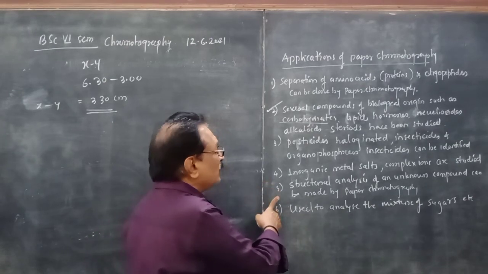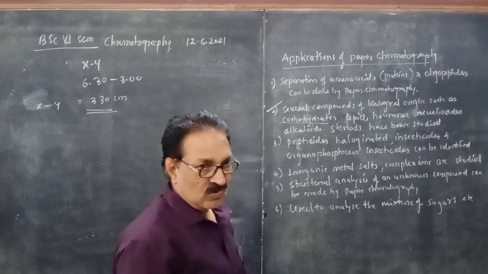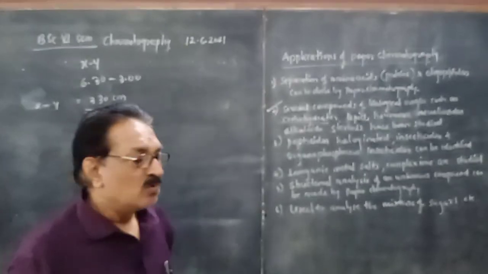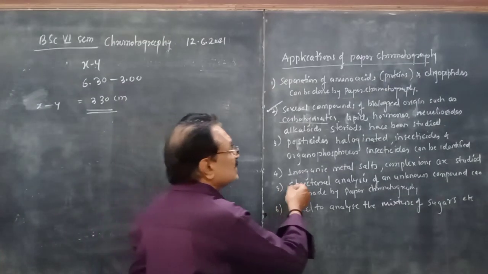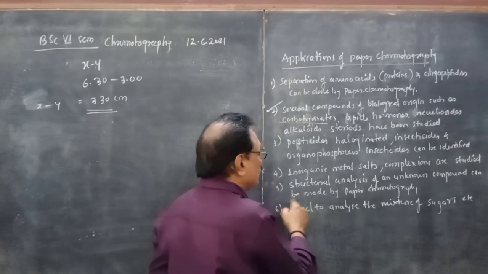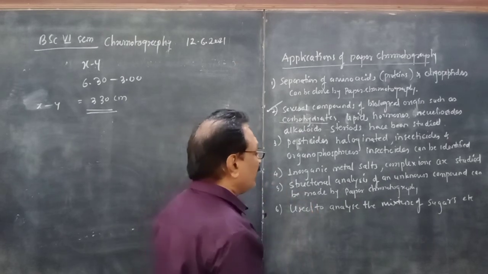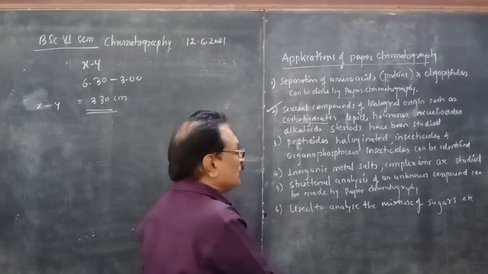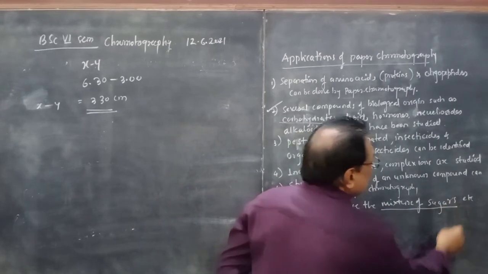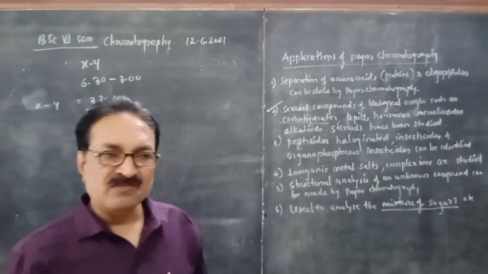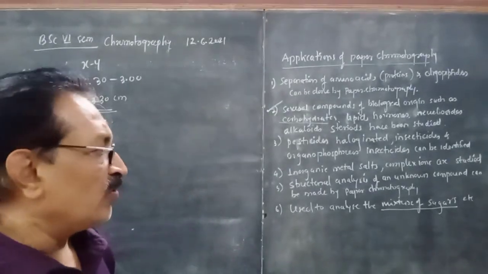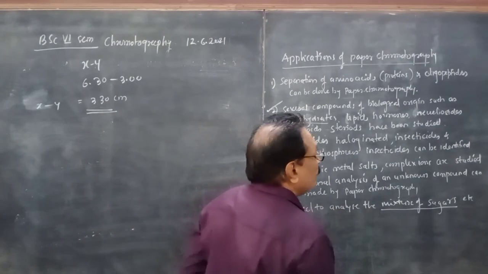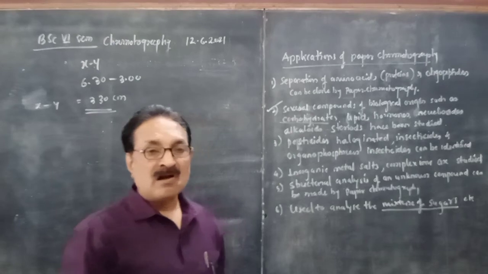The fifth is structural analysis: when a compound is isolated or a new compound is prepared, structural analysis can be done using this technique. The last is that this technique is used to analyze mixtures of sugars, such as dextrorotatory and levorotatory sugars, and racemic mixtures, and those can be analyzed by the paper chromatographic technique.